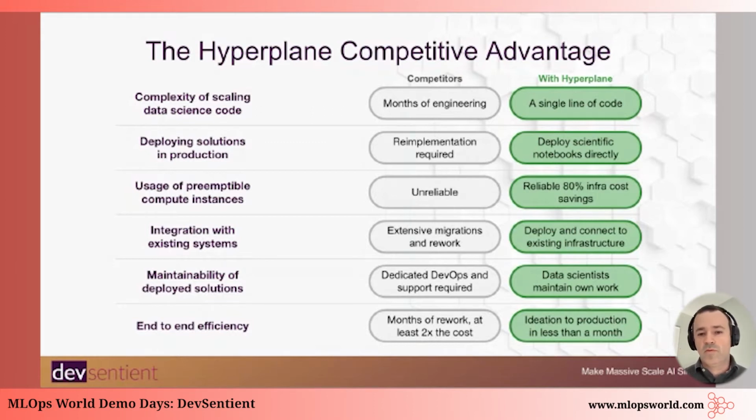Of course, you could always move off of the platform if you choose to, but we hope that you won't, because it actually gives you a lot of useful functionality that you want to use, as opposed to forcing scientists to re-implement their solutions. And so the time to get up and running and the time to get value is extremely short, can be a matter of days or even hours in some cases.